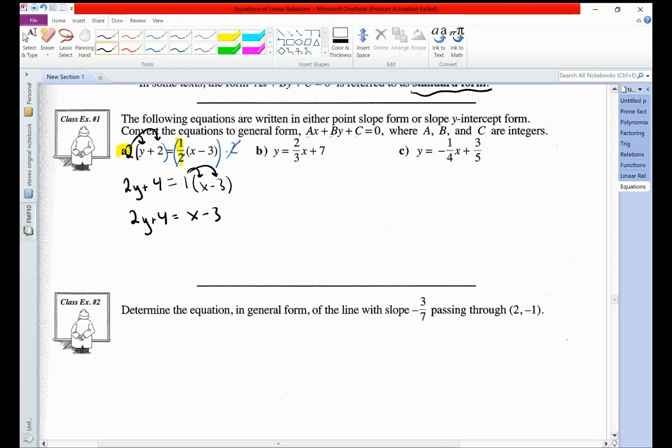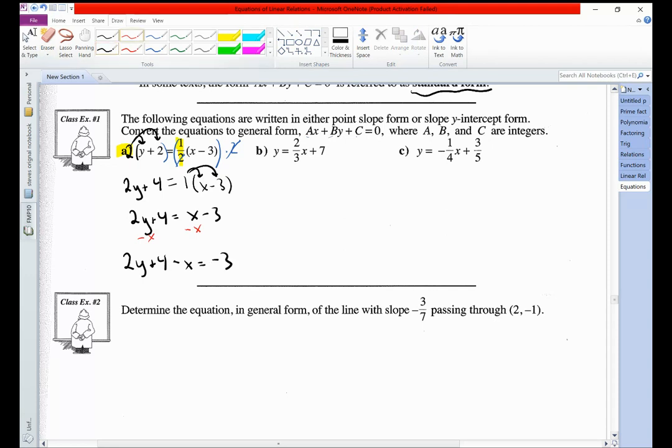So now what we want to do is we want everything on the left side of the equation, and we want the right side to say equals 0. So to get that equals 0 on the right side, we have to move everything to the left side. So we can subtract x from both sides, so that we have 2y plus 4 minus x is equal to negative 3.